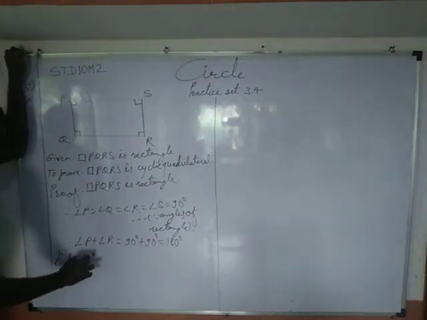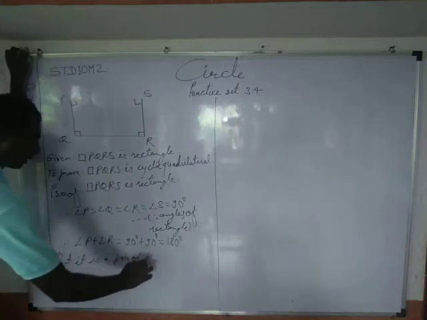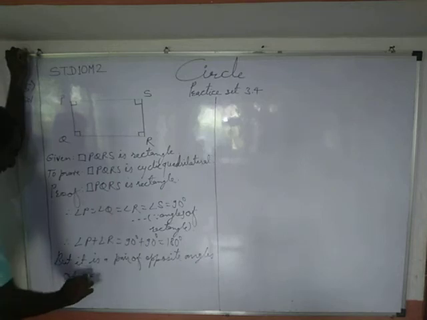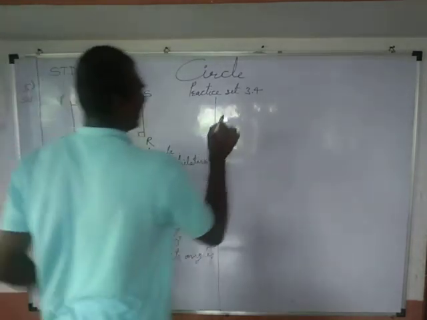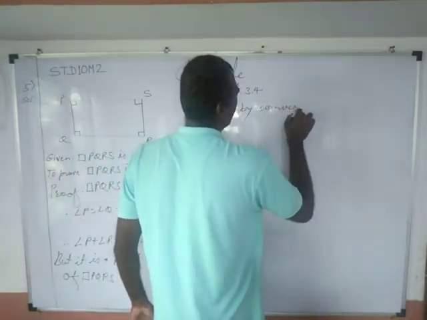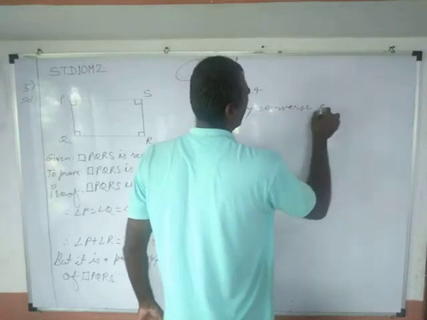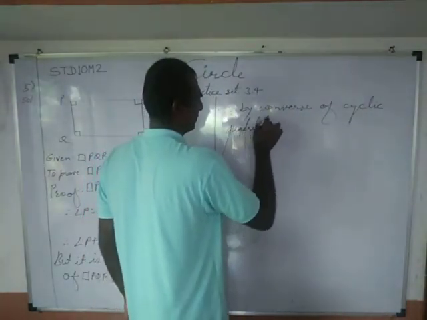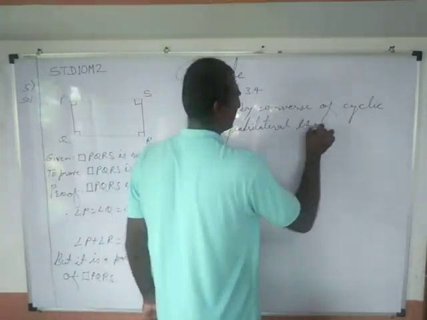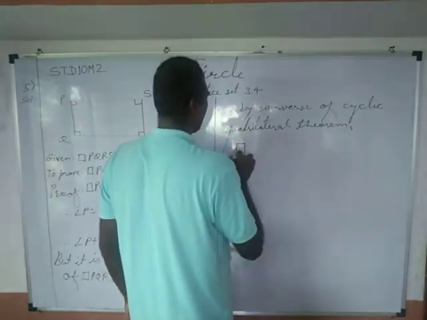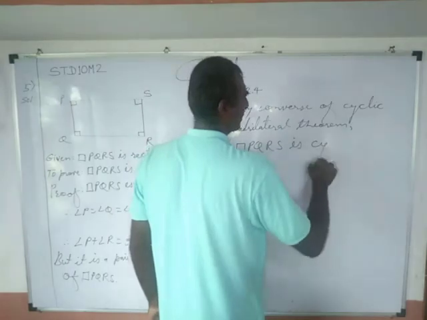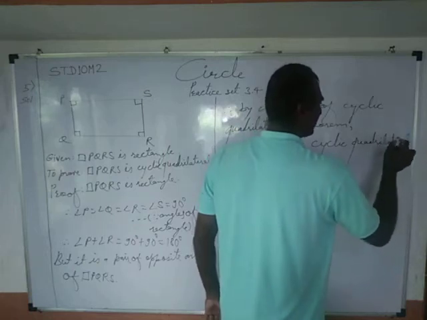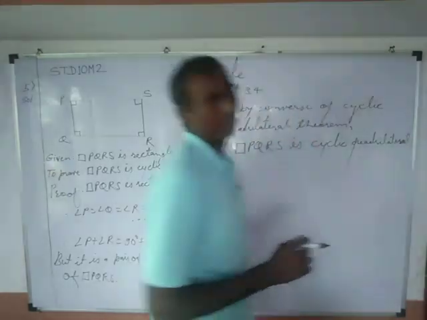But it is a pair of opposite angles of quadrilateral PQRS, and therefore by the converse of the cyclic quadrilateral theorem, quadrilateral PQRS is a cyclic quadrilateral. Hence the proof.